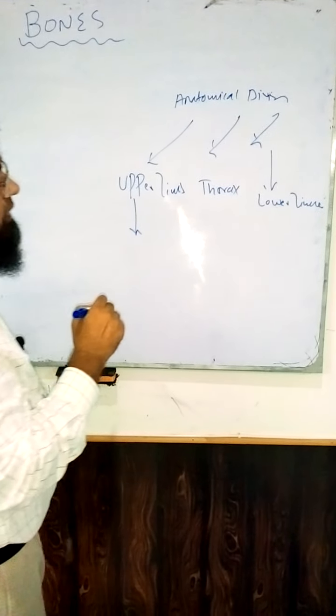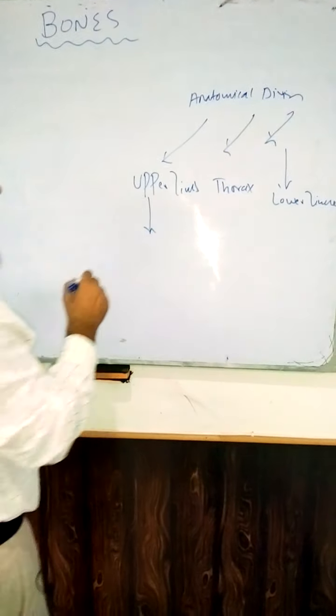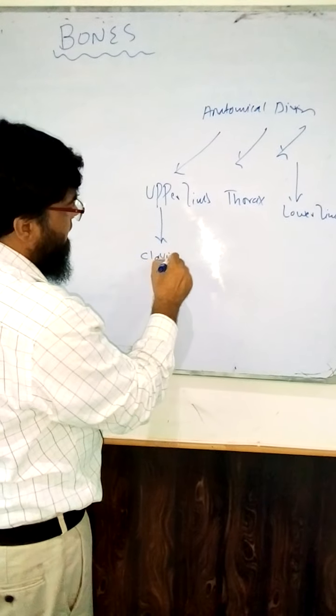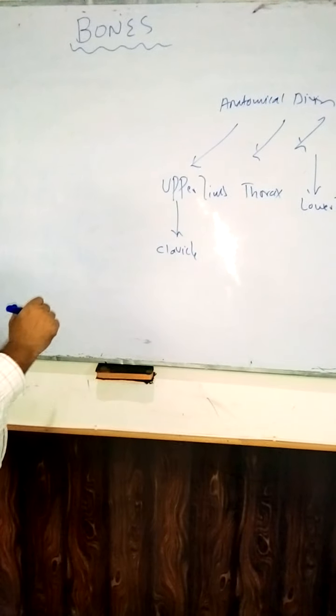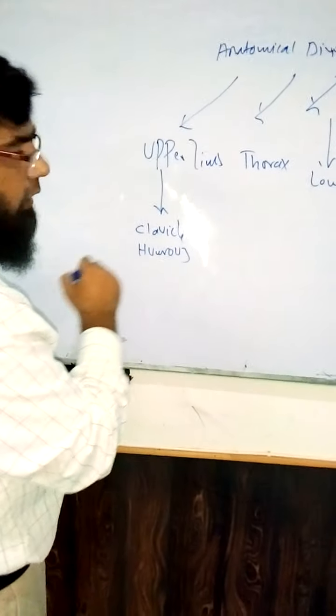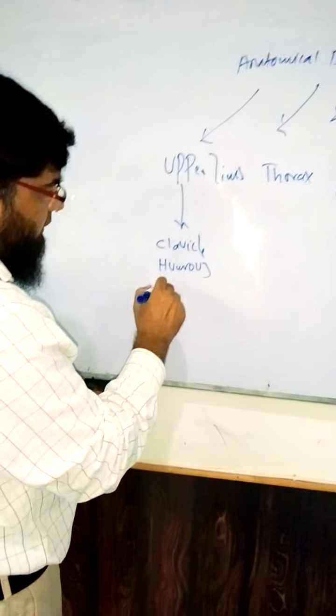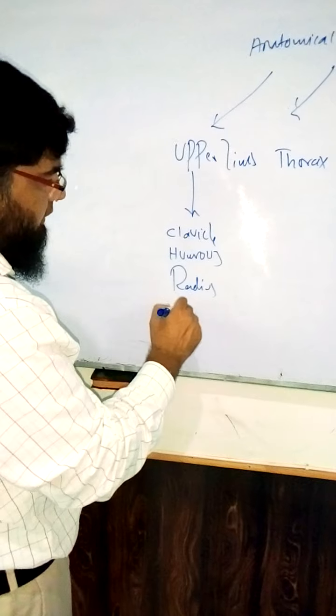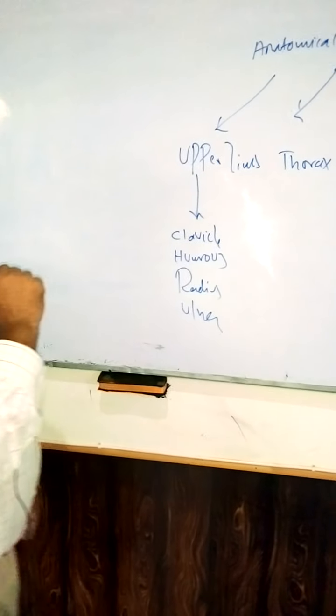In the upper limb, the bones are the clavicle, humerus, radius, ulna, and the scapula.